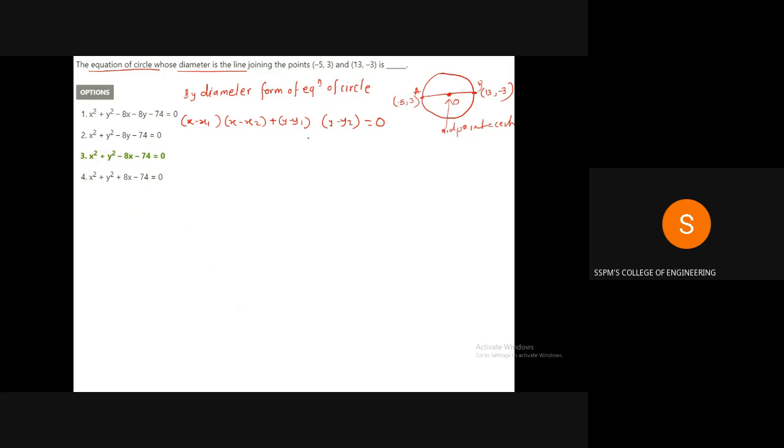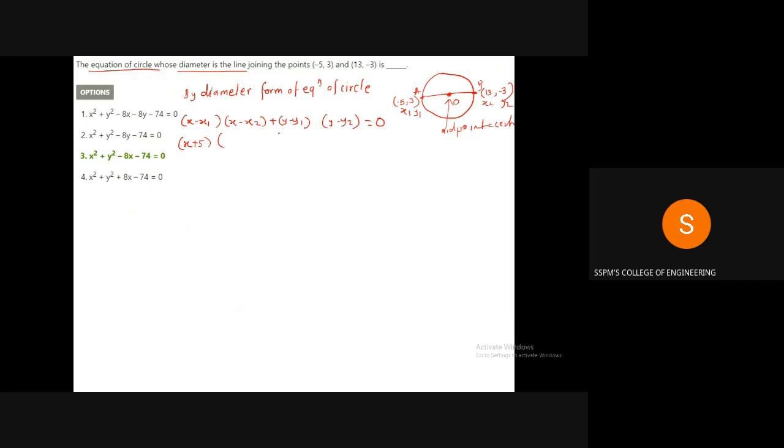So suppose this is x1, this is y1, x2, sorry, this is x2, this one is y1 and this is y2. We will just put the values over here. So x minus x1, where x1 is minus 5, gives x plus 5.